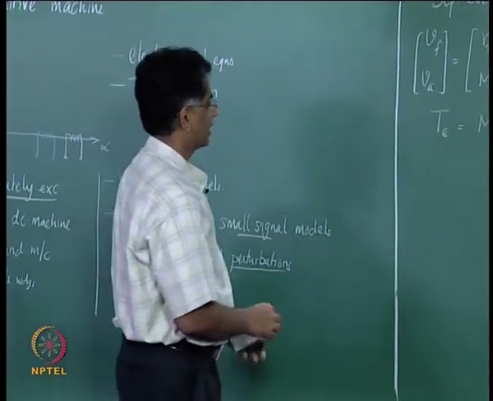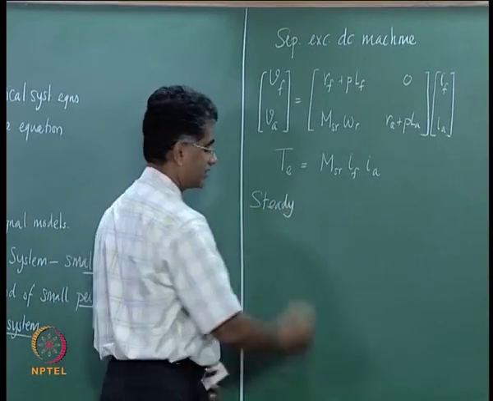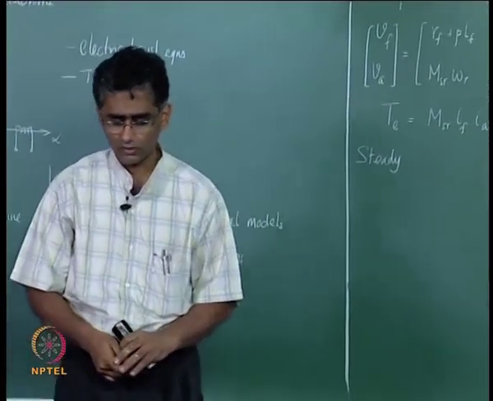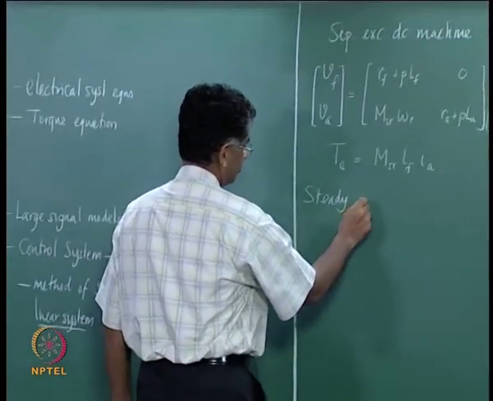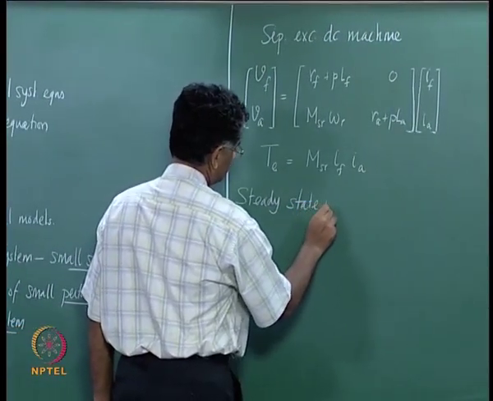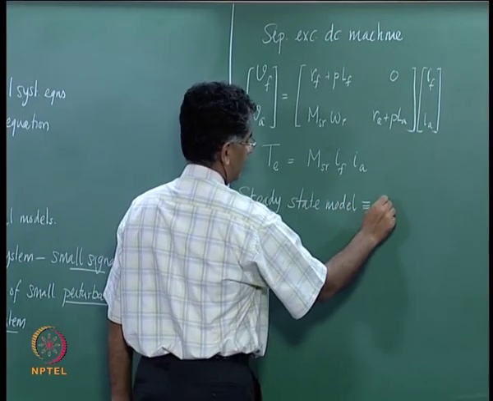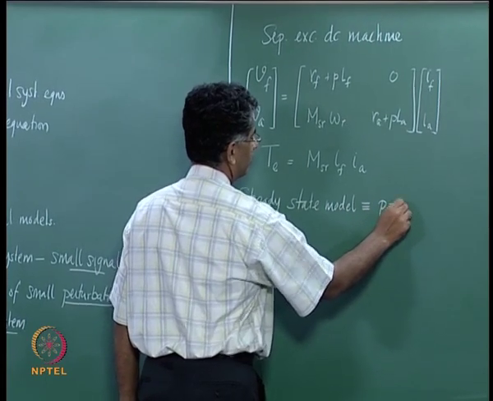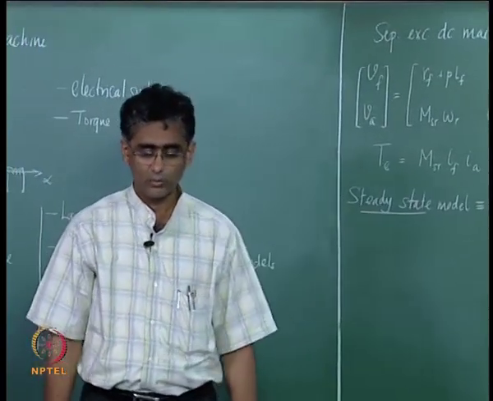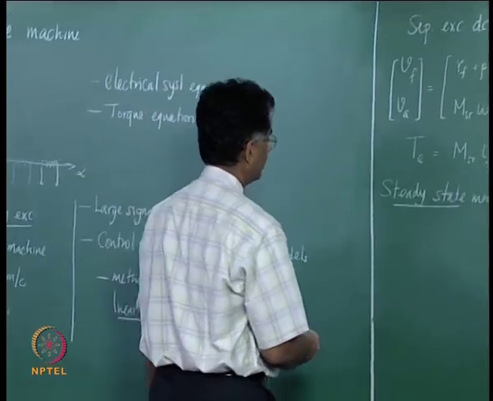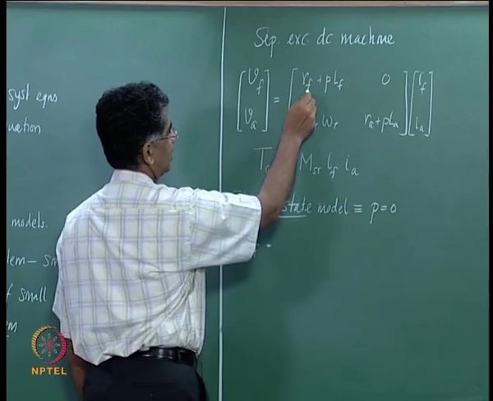So these equations we already know. From this, of course, one can obtain the steady state model, which you would have studied in earlier lectures, in a first course on electrical machines. The steady state model is easily obtained by having P equal to 0, because it is under steady state. D by dt goes to 0 because all are DC variables, and so in the steady state case you have Vf equals Rf into If.